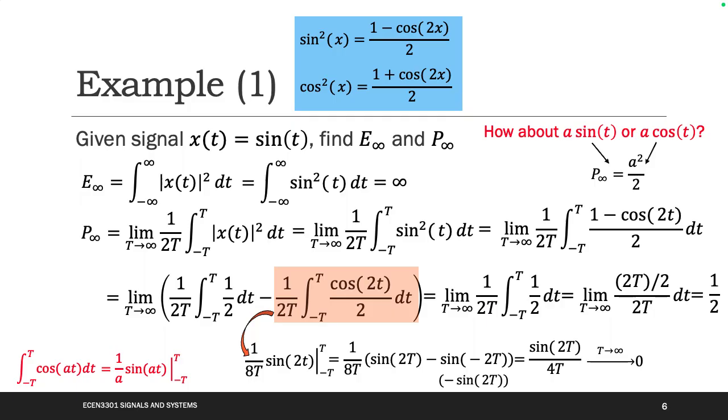Because in the original question, a equals 1, am I right? And here you just replace 1 with a square. That makes sense to you? If you use a similar process to deal with it, you will find it. And those situations are always class 2. Yeah, I'm right.